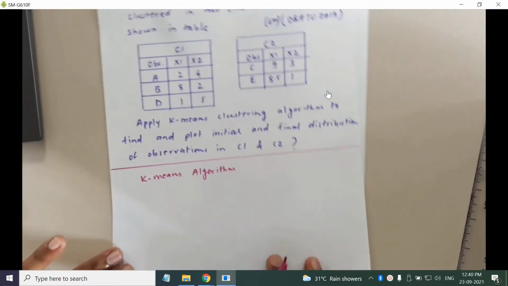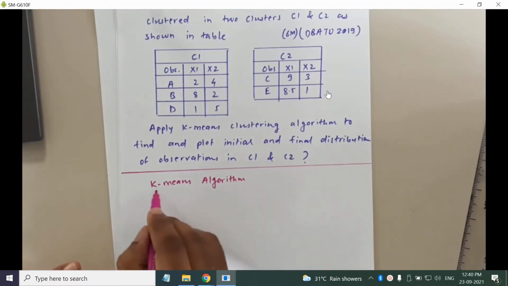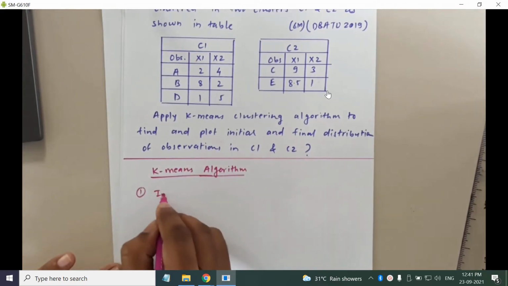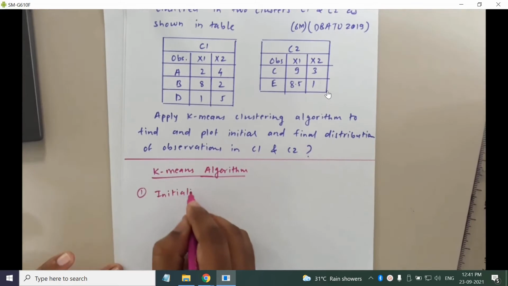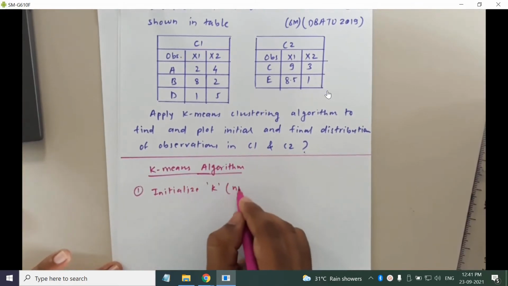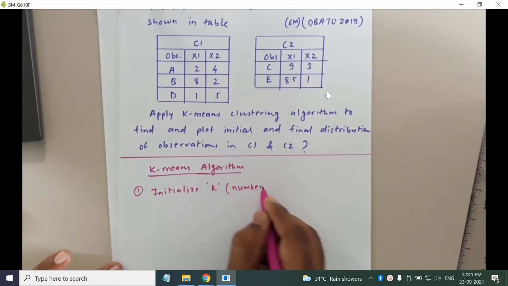So the first step in the k-means algorithm is to initialize the k value, which is the number of clusters that you are aiming for.